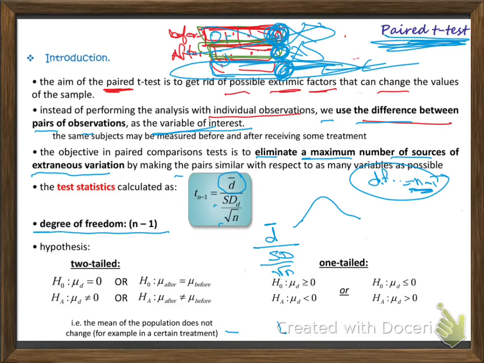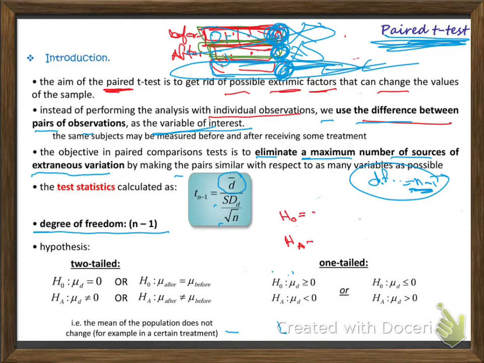So here I have two hypotheses. What are the two hypotheses which I may have? H null and H alternative. As we used to say before, H alternative is always what we are looking for, the data which we are looking for, and H naught is the opposite.